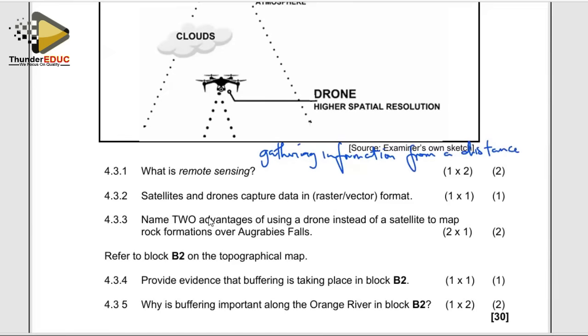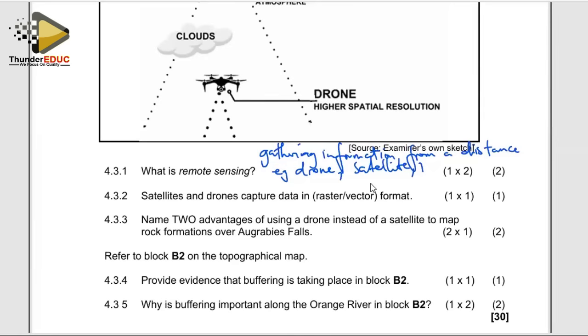You are not in contact with the actual ground where you need to get the information from, but you are using some form of technology to acquire the information. E.g., if you're using a drone that flies over an area and captures information, or satellite images. They are there in space, but they can give us information about different geographical locations. It's a part of remote sensing. So basically, that is remote sensing. You got the information from a distance.